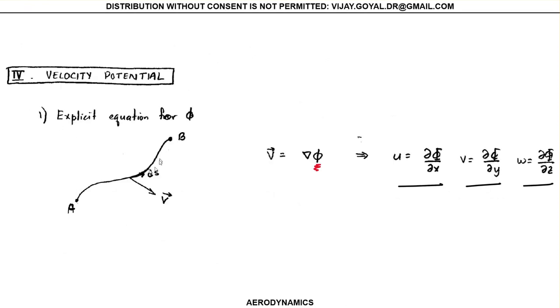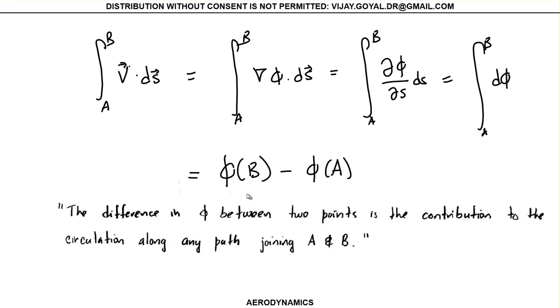So this was a line that went from point A to point B. So what I am saying is that the circulation from point A to point B is the difference of my potential evaluated here and evaluated there, as you can see in this equation, right? The difference is going to give you the contribution of circulation. We have done that in a way.